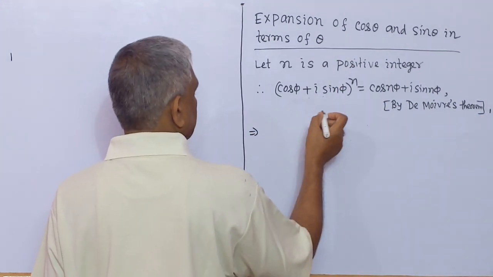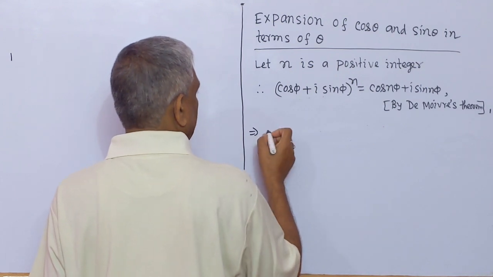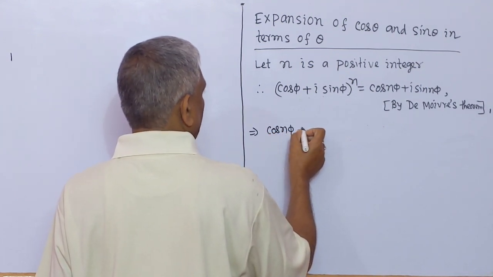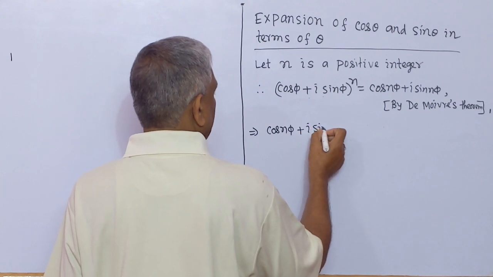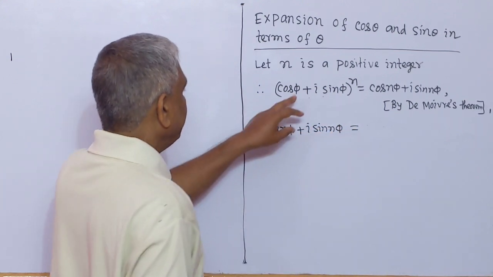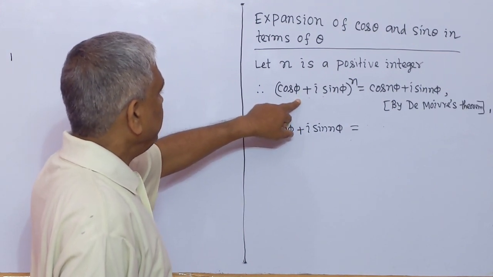Implies that we write the right side in the left side, cos n phi + i sin n phi, and we expand this left side with the help of the binomial theorem.